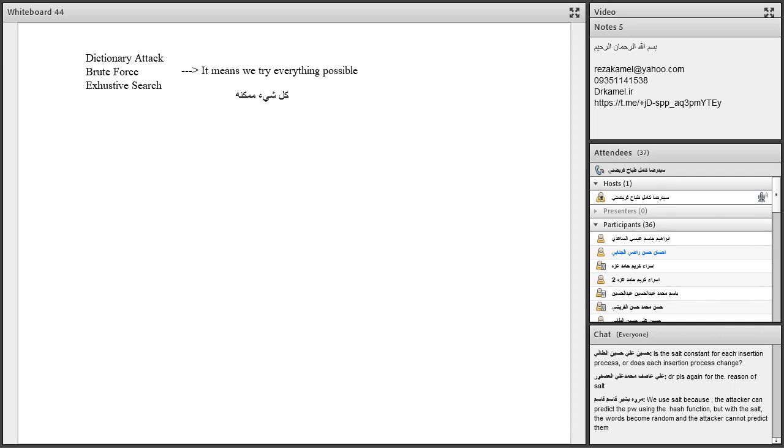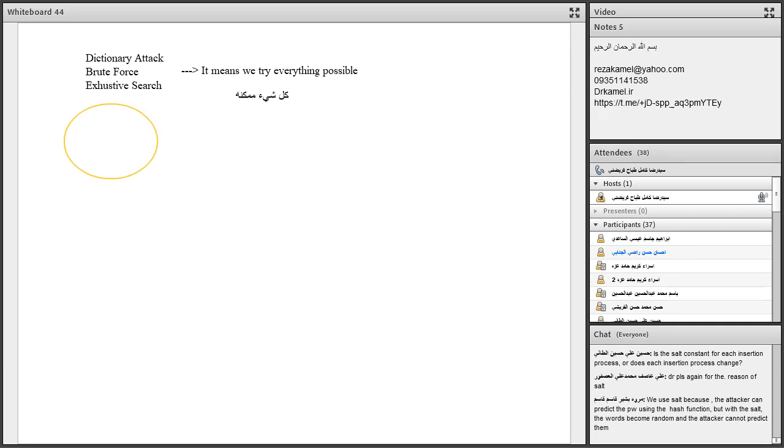So you see, we are talking about the attacks. I will discuss it, Ali. Now we are talking about the attacks. We say we can have dictionary attack or brute force or exhaustive search, that says we can try everything, or كل شيء ممكن.